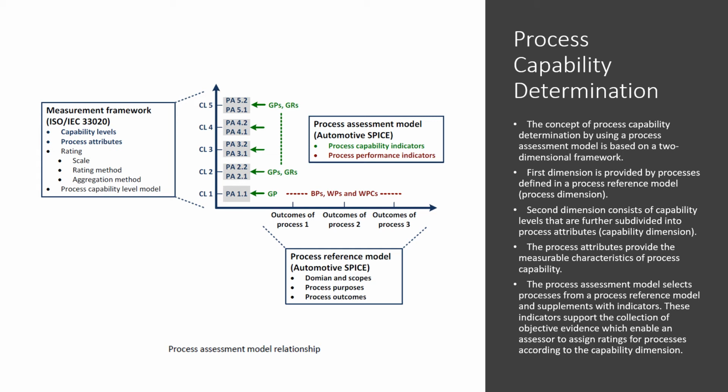The process reference model talks about domain and scope, process purposes, and process outcomes. The measurement framework talks about capability levels, process attributes, rating scale, rating method, aggregation method, and the process capability level model. The process assessment model talks about process capability indicators and performance indicators.